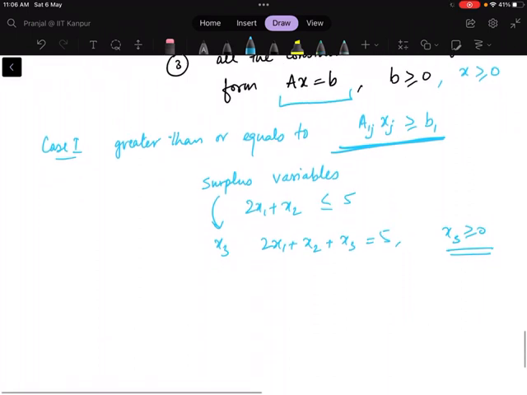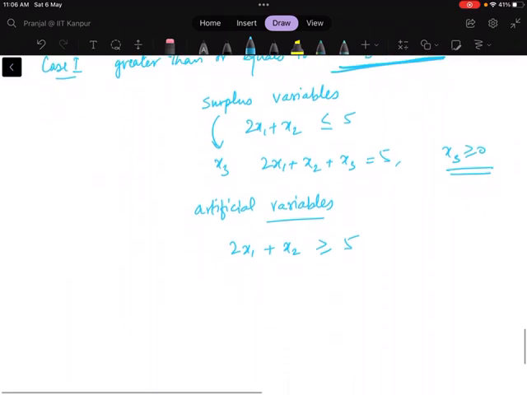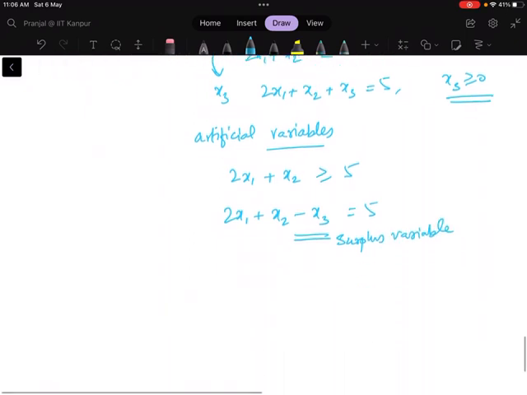Now what happens with artificial variables? Since we have a greater than or equals to constraint, let's take the same constraint but with a greater than or equals to sign. Now we can write 2x1 plus x2 minus x3 equals to 5, where this will be a surplus variable. But this minus 1 coefficient will create a problem while using the simplex algorithm.